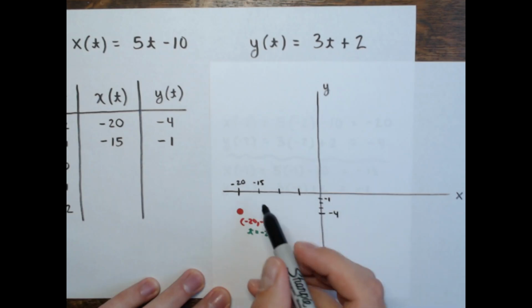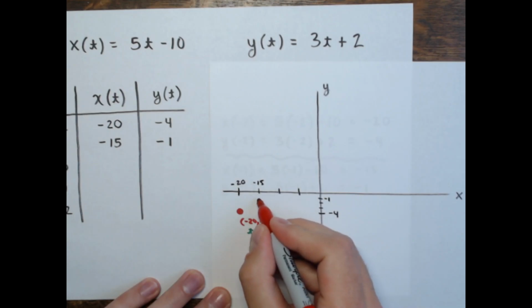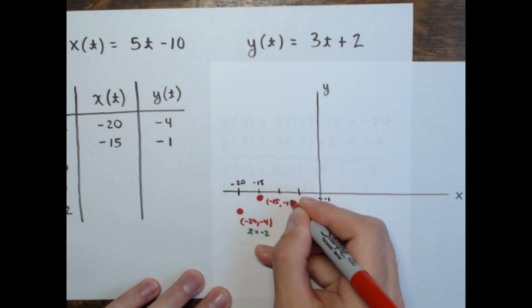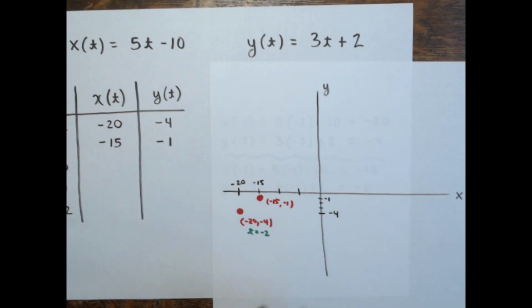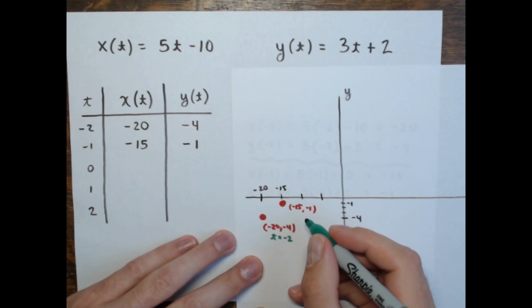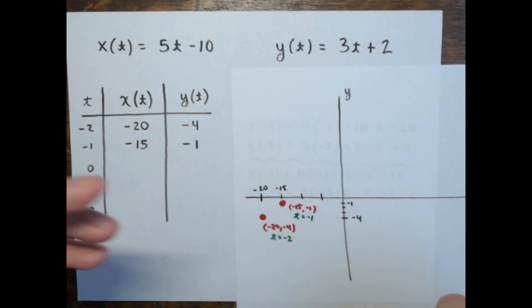So we're here at this location, -15 for x, -1 for y. Maybe label it, -15, comma, -1. Also, possibly it would be nice to let the person reading know what the value of the parameter is there. This is when t equals -1, in a different color.